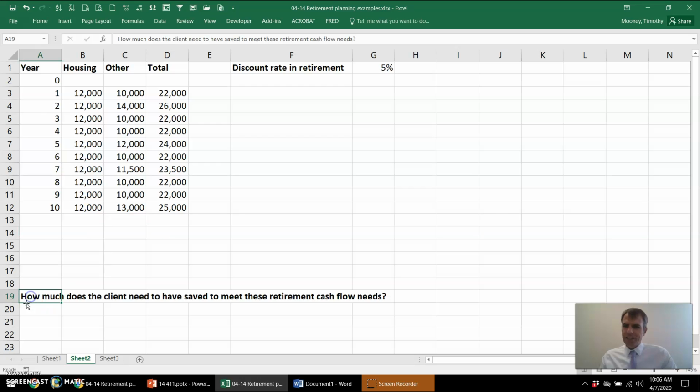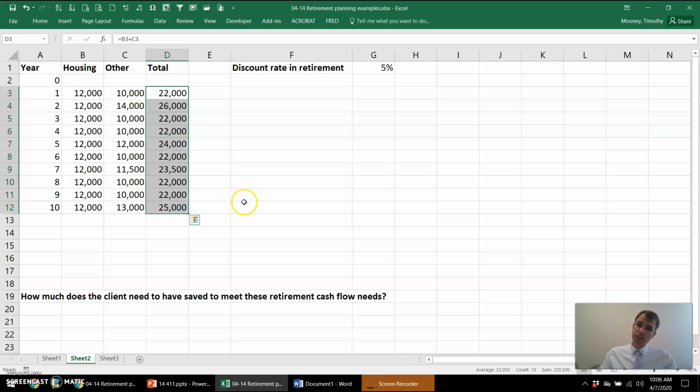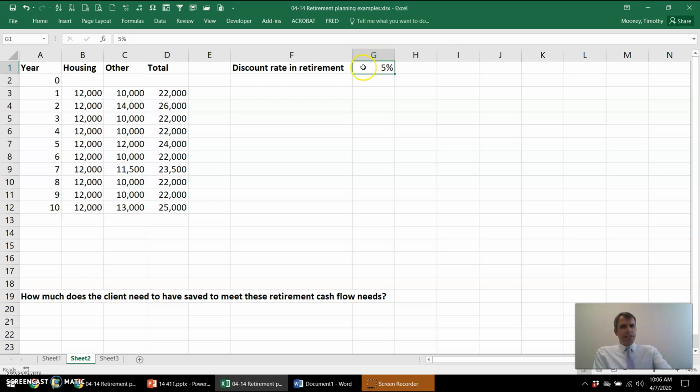So a slightly different question. In order to fund these retirement cash flow needs, how much do we have to have saved, right? And the answer is, well, it's the sum of the present values of these cash flows. We've got a discount rate, 5%. That's conservative, right? A low discount rate, a low interest rate on retirement savings is more conservative.